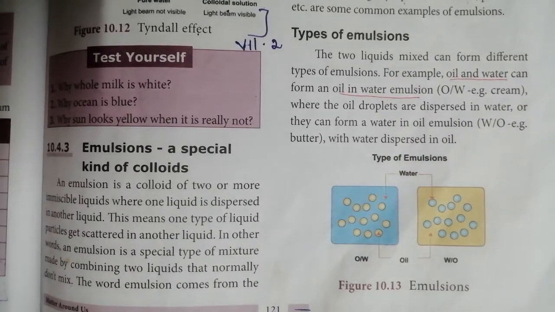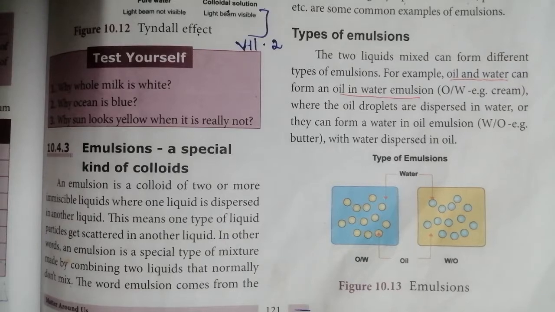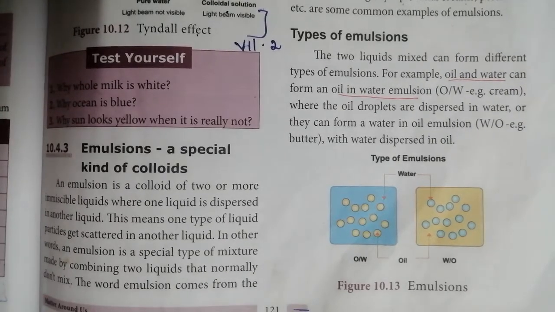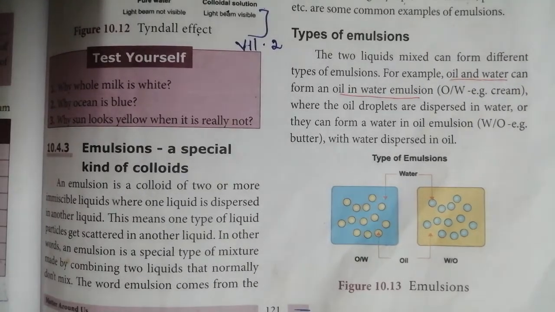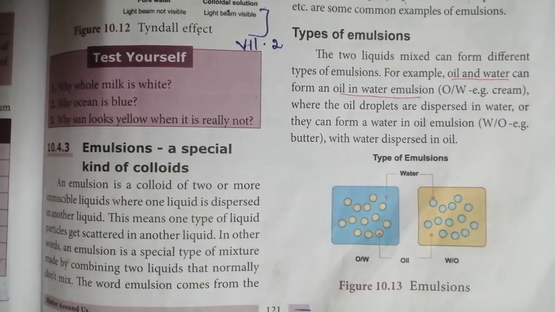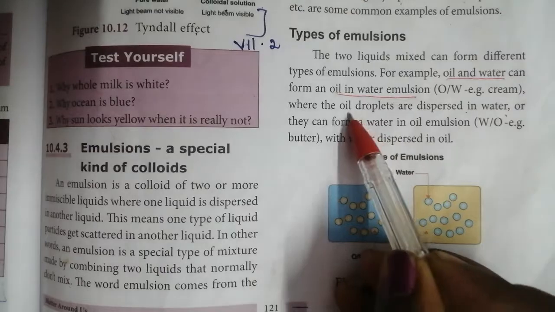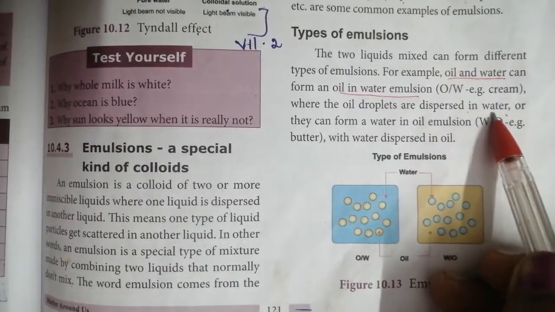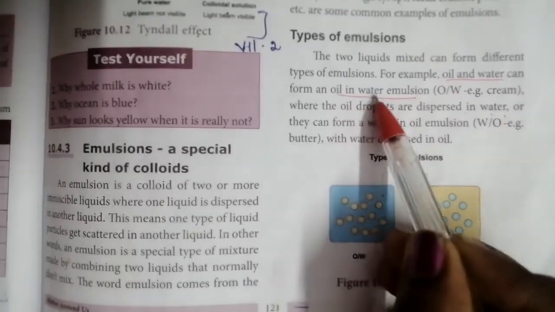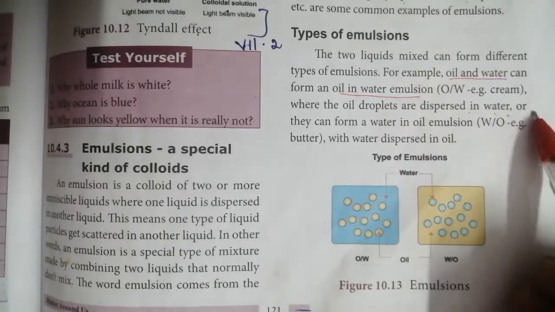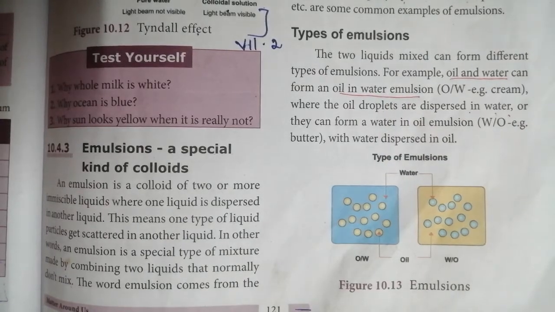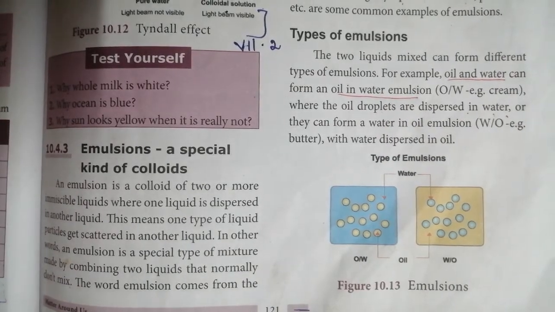Here, already I told you, one type of liquid is dispersed in another type of liquid. So in oil in water, oil droplets are dispersed in water. That is called an oil in water emulsion.